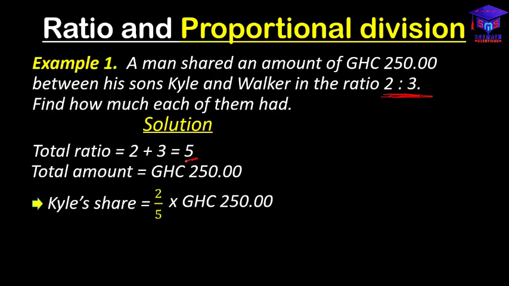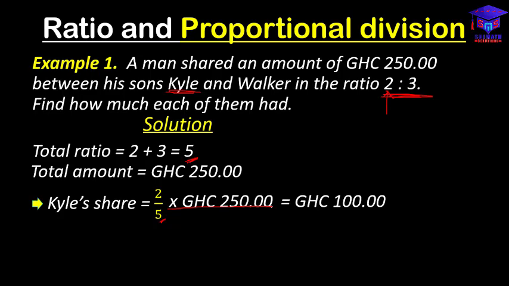This 2 over 5 is gotten from the ratio that corresponds to Kyle. The first one corresponds to the first person. Is that right? So that ratio over the total ratio. So Kyle's fraction times the total amount that they are supposed to share, and that will give us 100 Ghana cedis. So Kyle's share is 100 Ghana cedis.